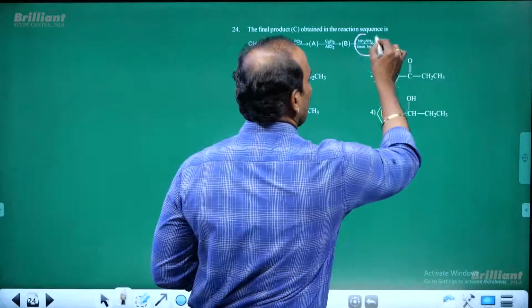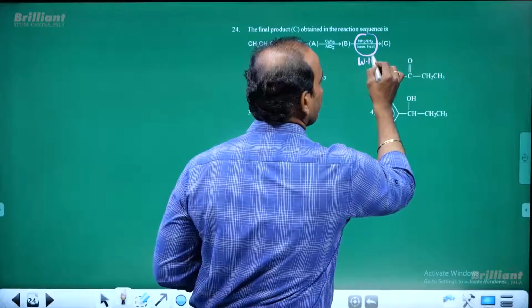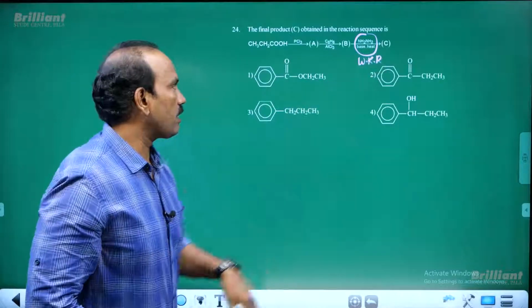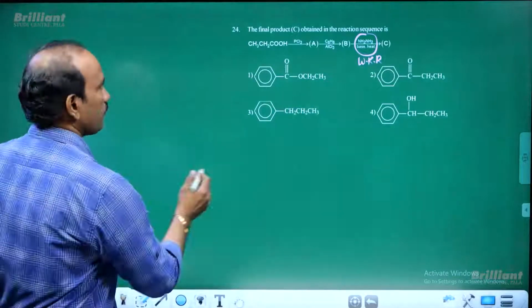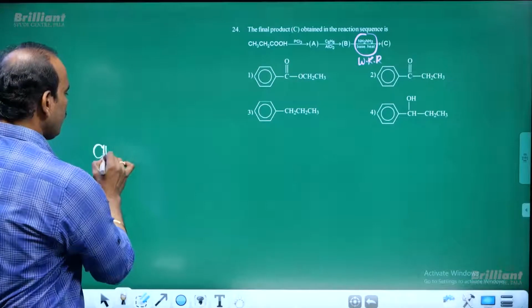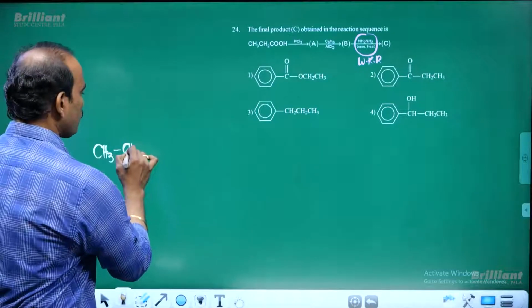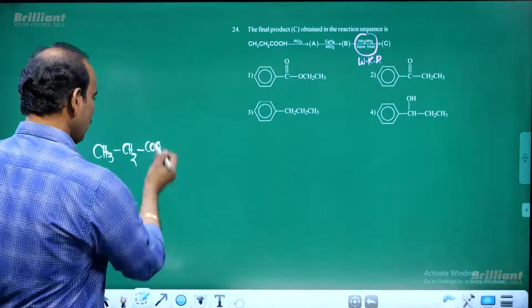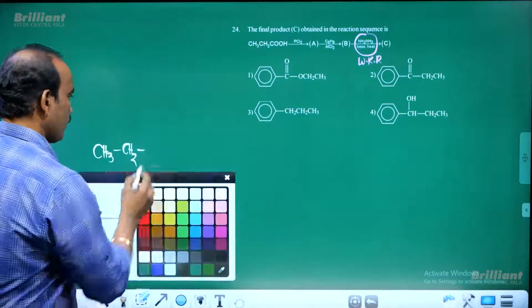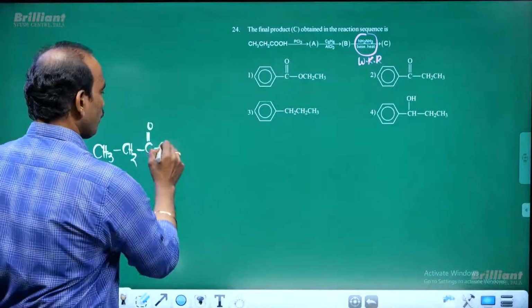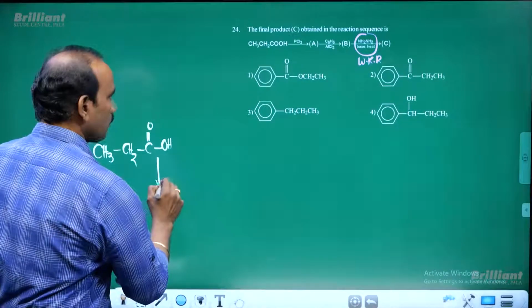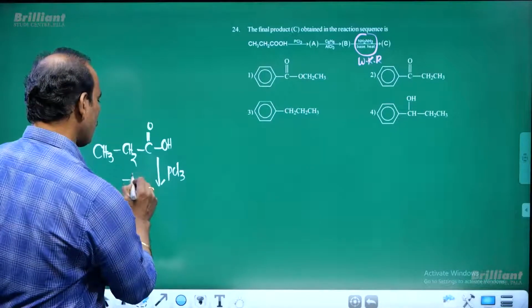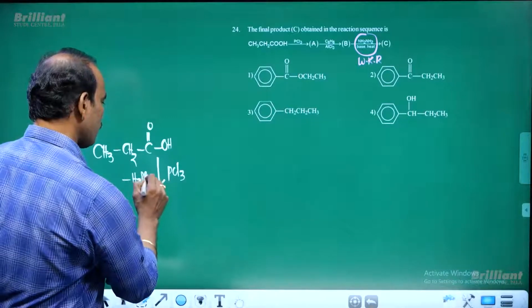What is that? Wolff-Kishner reduction. Hydrazine and glycolic KOH. So the first one is CH3CH2COOH. That means C double bond OH. It is treated with PCl3, then minus H3PO3.